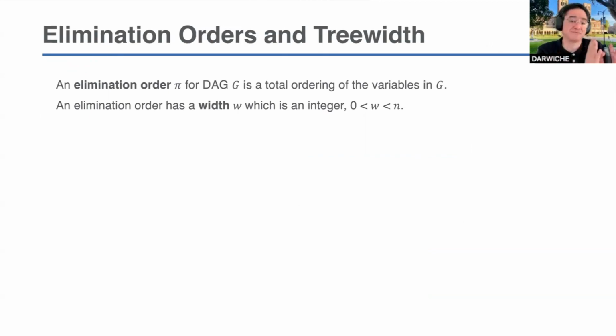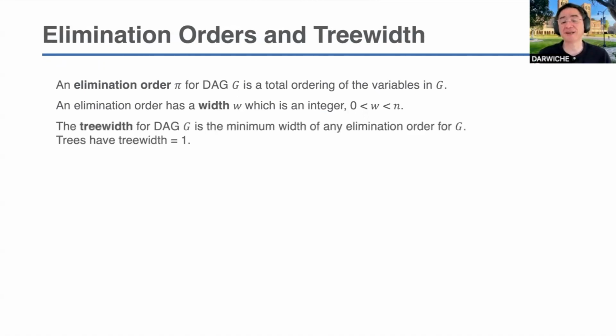But if you use one order, it may have width 3. Another order has width 5. And the best order that you can ever get, its quality is called the Treewidth of the DAG. Intuitively, this is tied to how topologically connected the structure of the Bayesian network is.